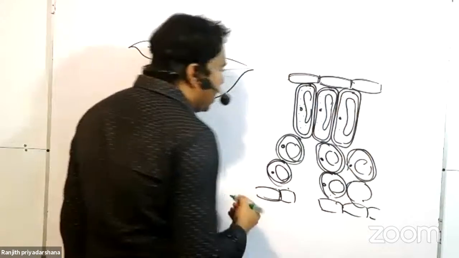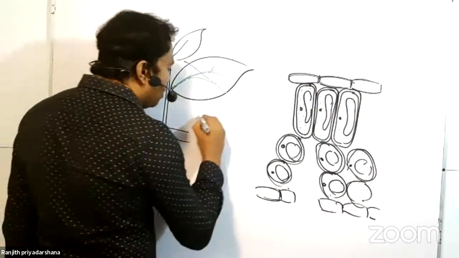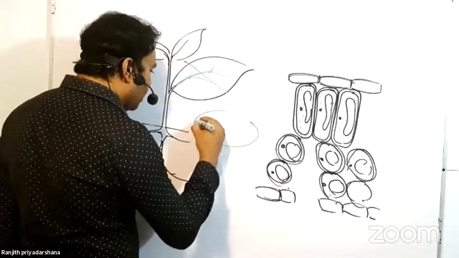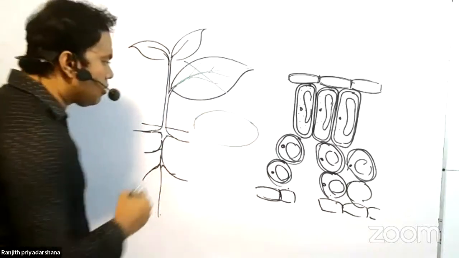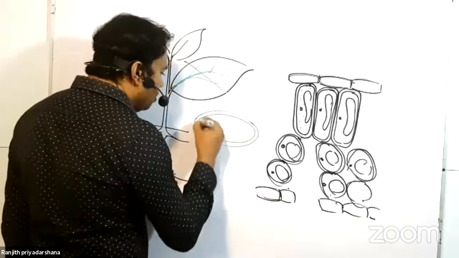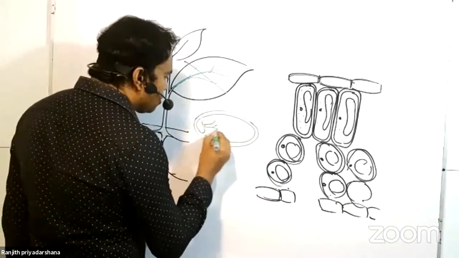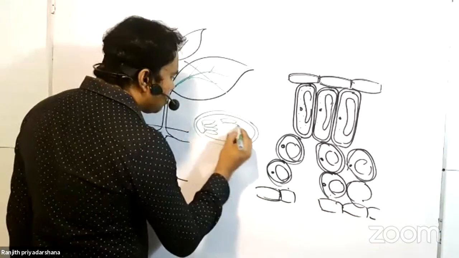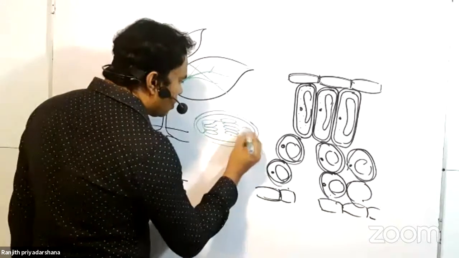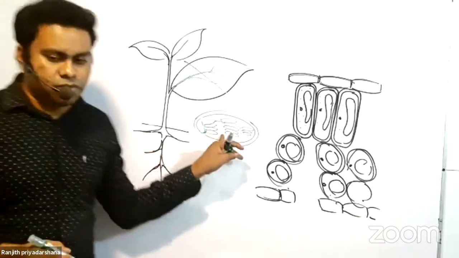If I draw that clearly, you learned this in grade 10. The chloroplast is a huge organelle, a double membranous organelle. This membrane makes another set of container-like structures, which we call grana or thylakoids.